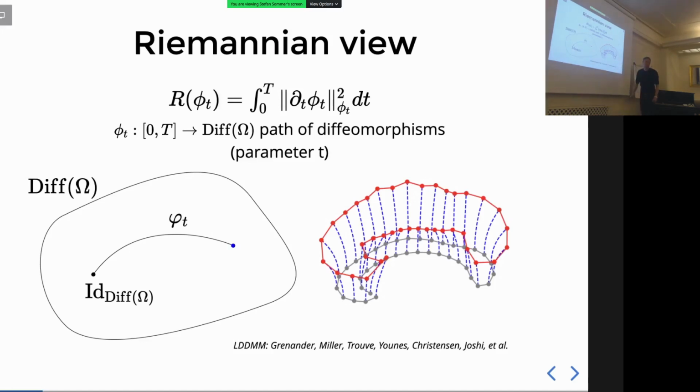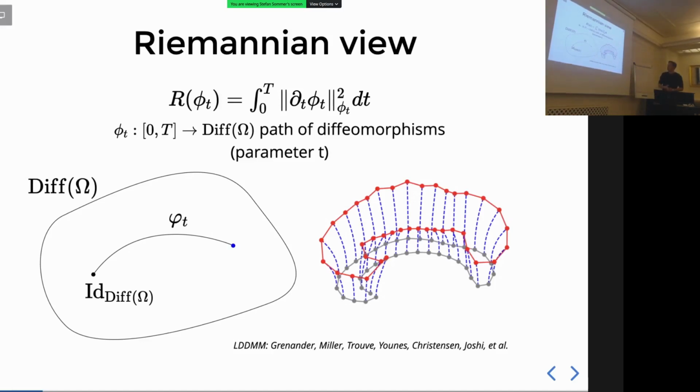of diffeomorphisms. This way of looking at it is nice because it allows you to build this regularization term as an energy of the path in the diffeomorphism group. So here we integrate from time 0 to t the derivative, as a tangent vector in the diffeomorphism group, and take its norm, and that in turn gives us how irregular the diffeomorphism is. So when we match up two shapes, we minimize this energy in order to get a regular diffeomorphism.